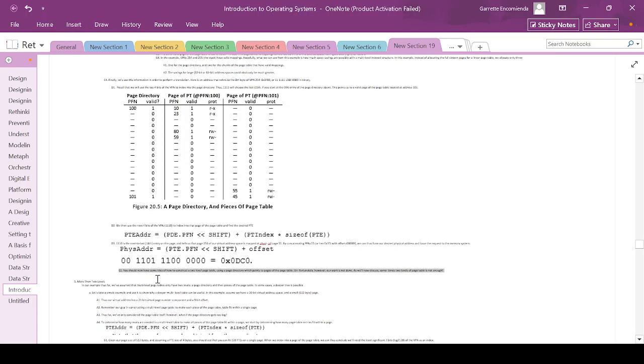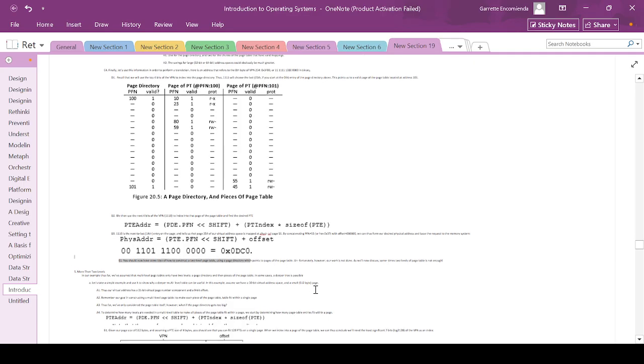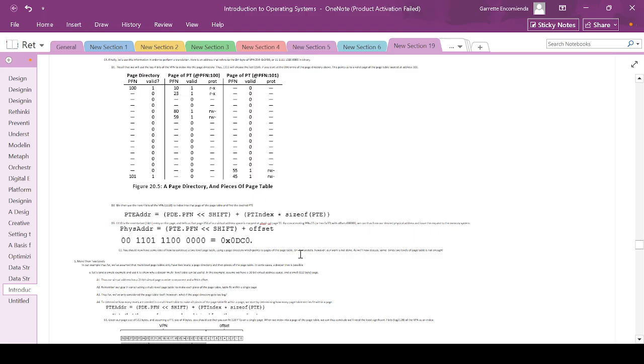So you should now have some idea of how to construct a two-level page table using a page directory which points to pages of the page table. So this page directory points to the page of the page table of the actual physical address.